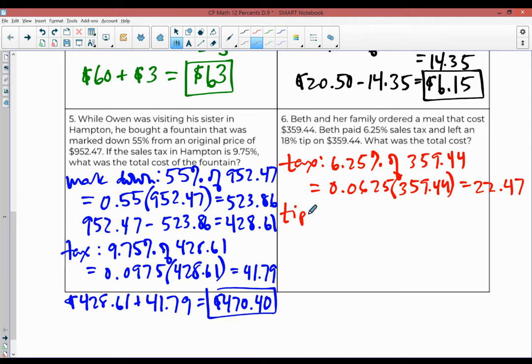Now to calculate how much the tip is, that's 18% of $359.44. You don't have to tip on the tax part. So that's 0.18 times $359.44, which is $64.70.